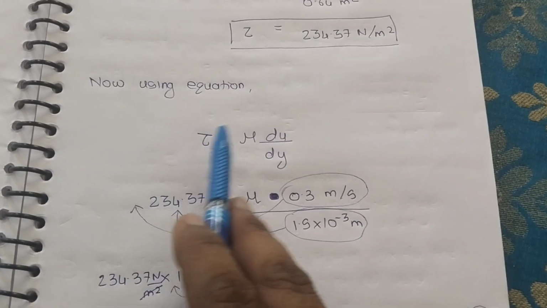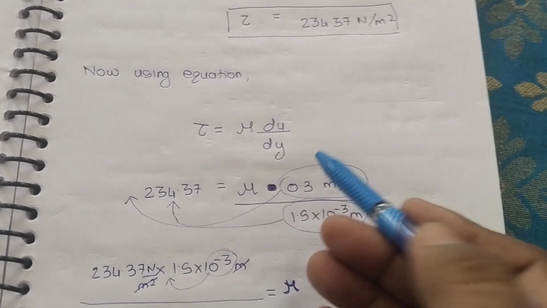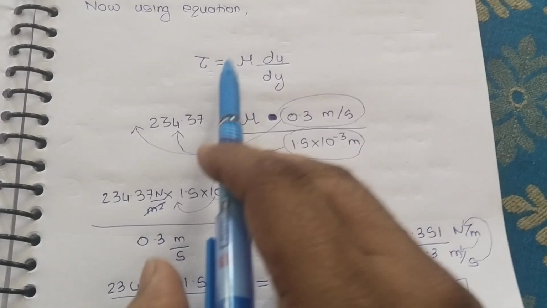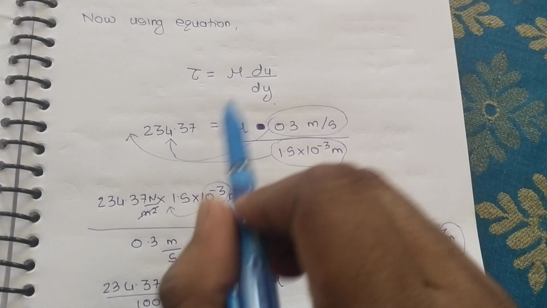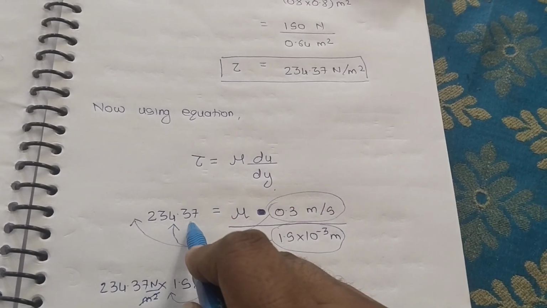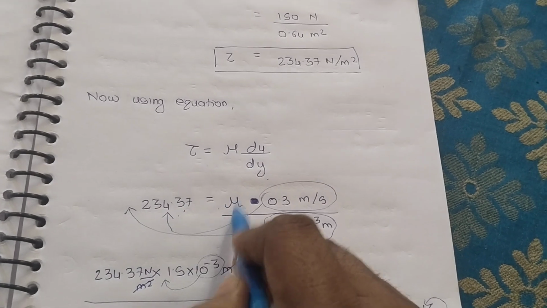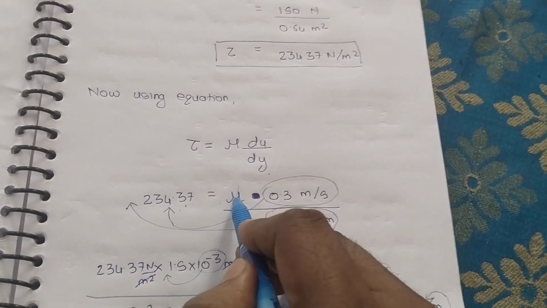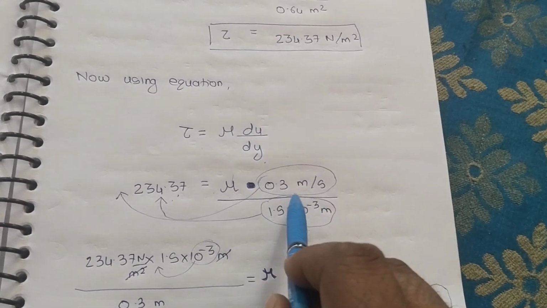Now using the equation that we use in all of the numericals, tau is equal to mu du by dy. The value of tau, 234.37, I have noted down here, is equal to mu, which we have to find, times du, the velocity of the plate.